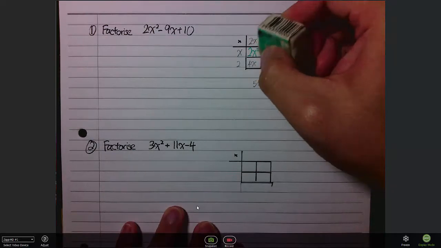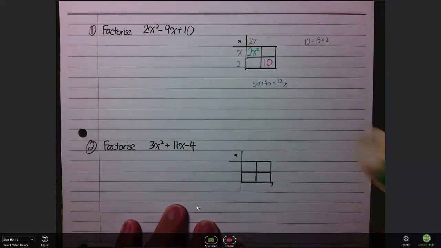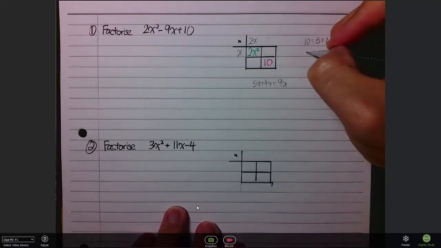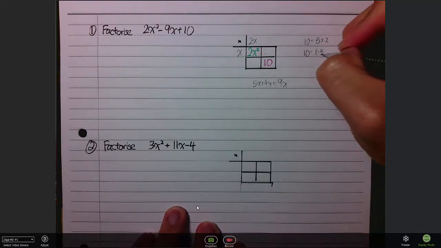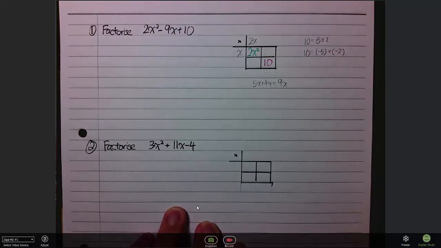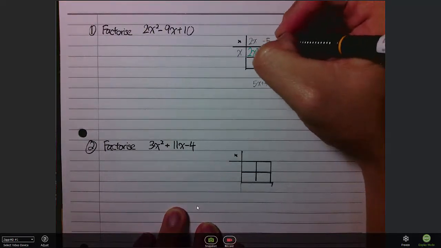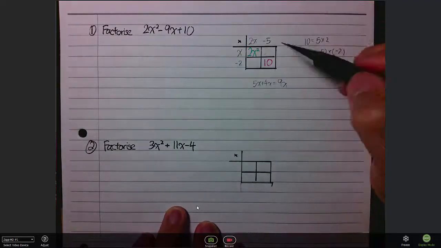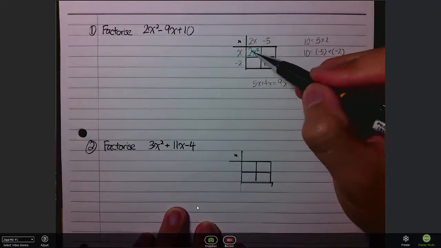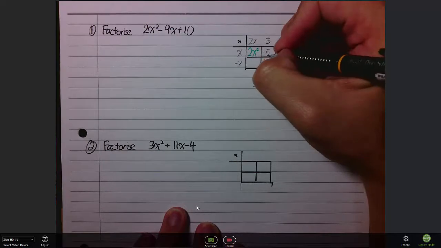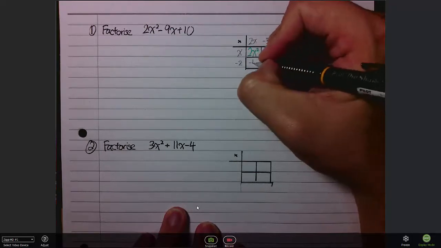Maybe we can try to make a slight adjustment here. So I erase this part here. Then I think for a while: besides 5 and 2, I can also write 10 as negative 5 times negative 2. That also gives me positive 10. So I try negative 5 and negative 2 again. Negative 5 times x gives me negative 5x, and 2x times negative 2 gives me negative 4x.